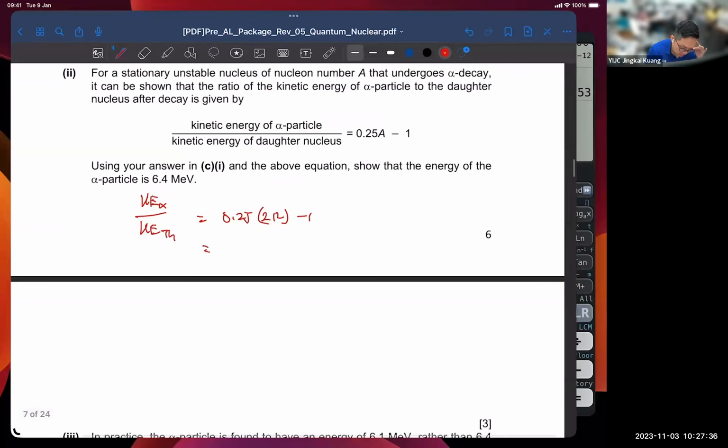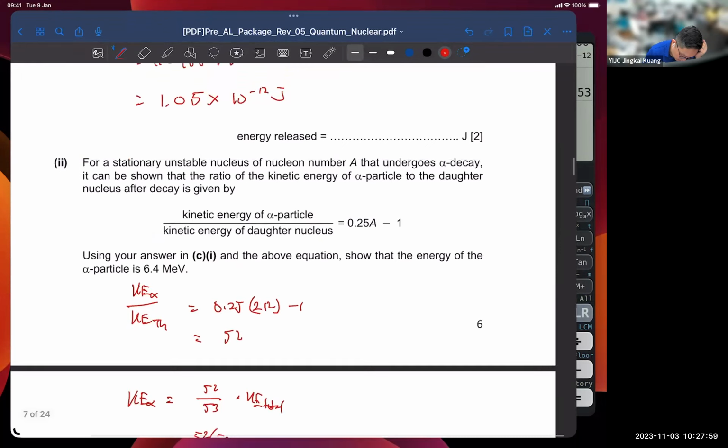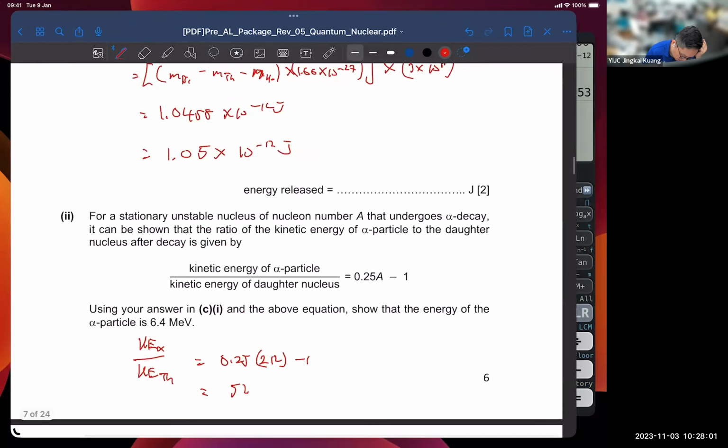So in total there are 52 parts plus 1 part. So Ke alpha takes 52 over 53 of the total energy. So 52 over 53 multiplied by 1.05 times 10 negative 12.